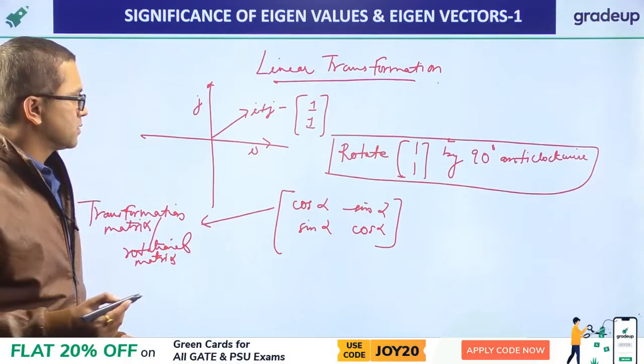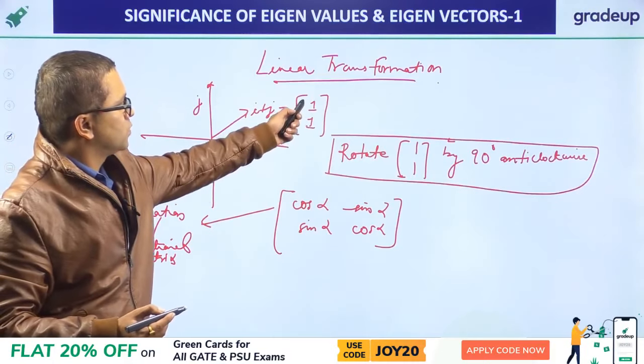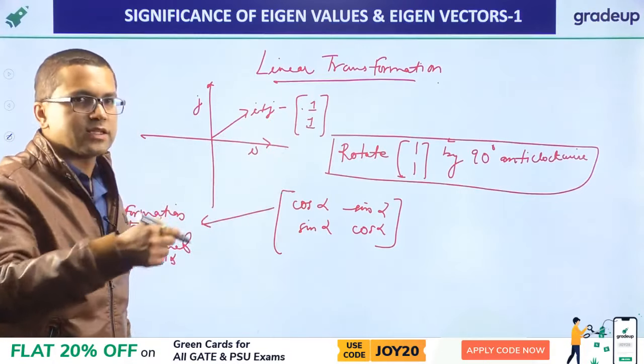Just hold on. What we are trying to do is rotate this vector anti-clockwise through 90 degrees.